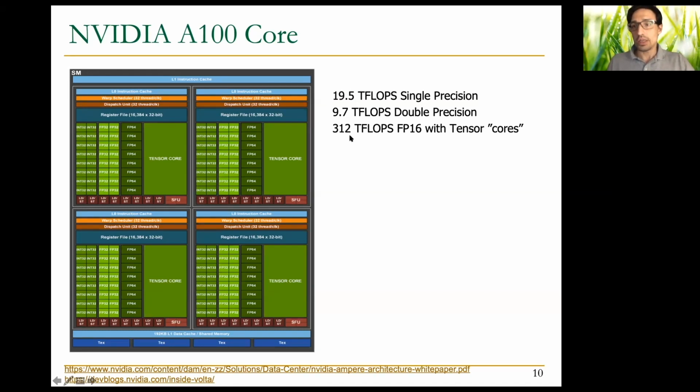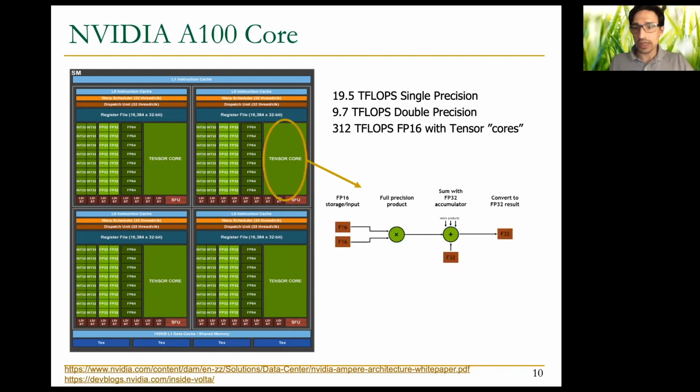That is the throughput that you can achieve for 16-bit floating point computation using the so-called tensor cores, which are this part of the SM that you see here. And what are these tensor cores?